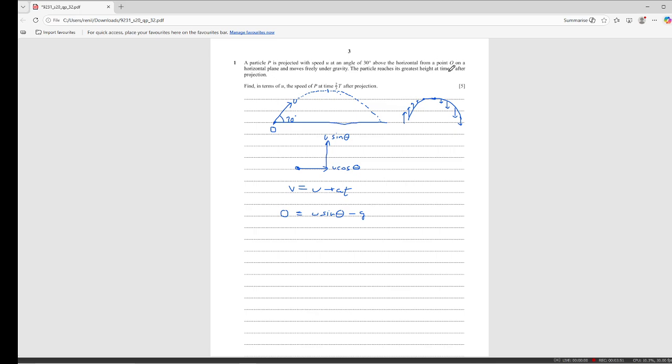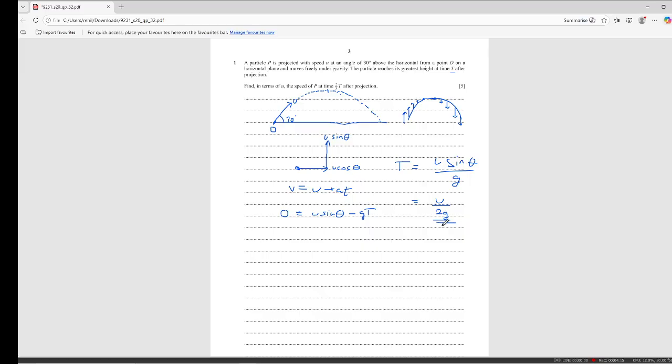Now t is your time t. If we rearrange, we get t equals u sin theta over g. Now we can plug in the 30 degrees, and u sin 30 degrees is 1/2 u, so you get u by 2g.